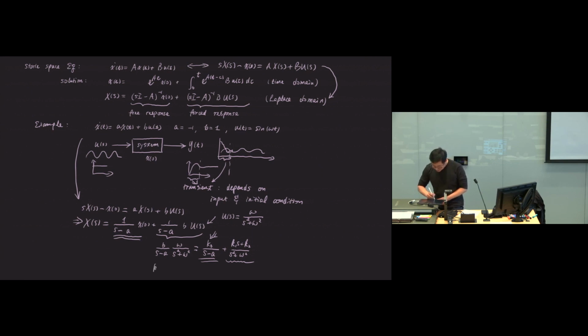K3 from partial fraction expansion is the limit of S approaching A of this term multiplying S minus A. So partial fraction expansion gives us this term is B omega over A squared plus omega squared.